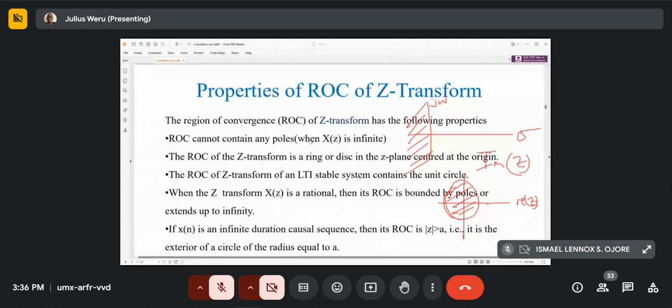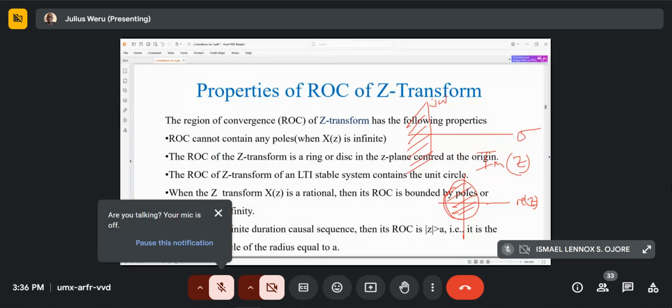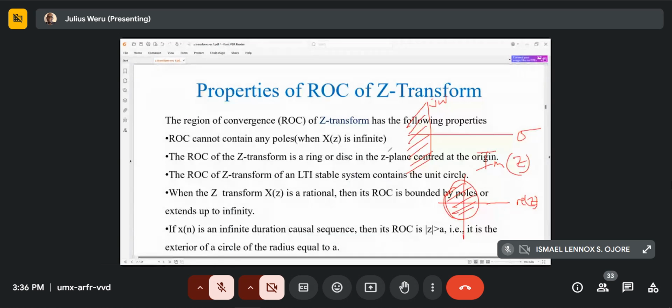So all the properties of the Laplace transform, where I think the poles cannot be on a certain side, apply here. For example, the poles cannot be in the ROC.